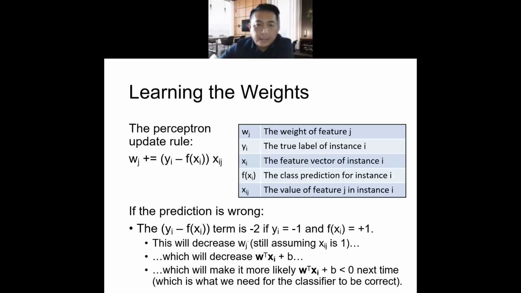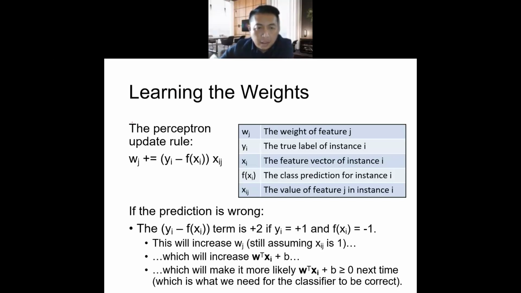This one is the explanation. If the prediction is wrong, so your true label is +1 and your predicted value is -1, you need to add 2 here, so you will increase the weightage.